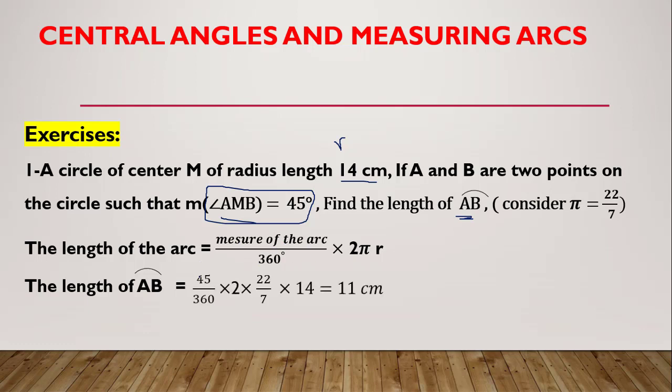Here we have 45/360, this is the measure of the arc and this is the measure of the circle, multiplied by 2 multiplied by pi 22/7 multiplied by 14, which is the radius r. By calculating this value, it will be 11 centimeters. So the length of the arc is measured in centimeters.